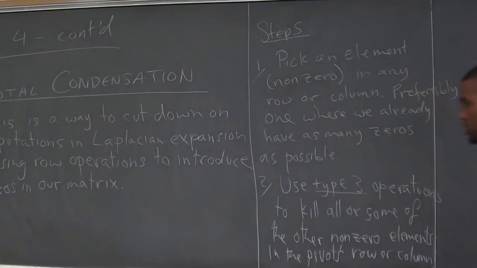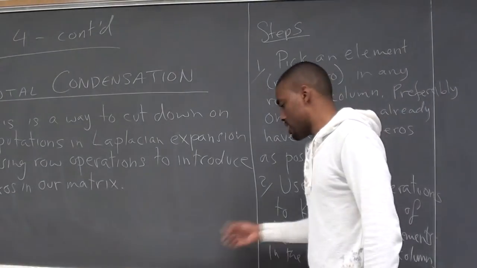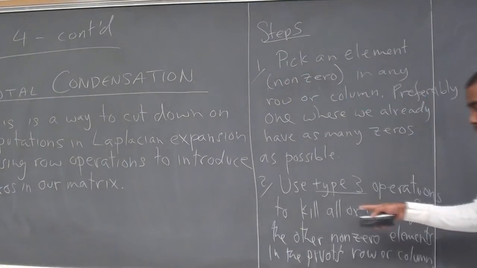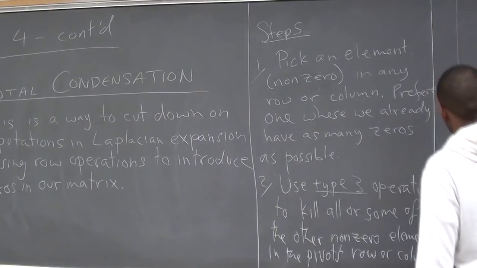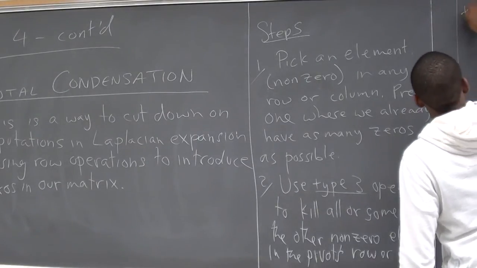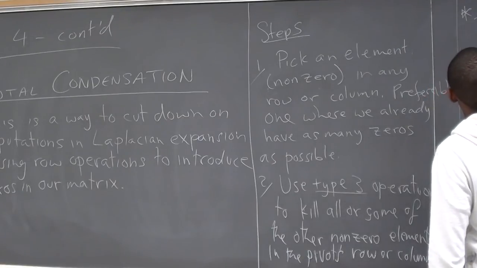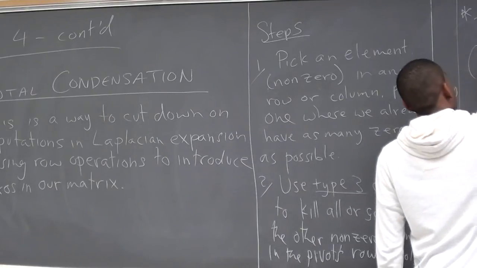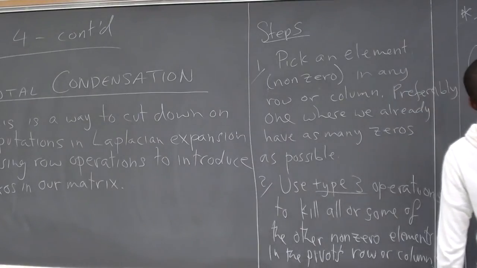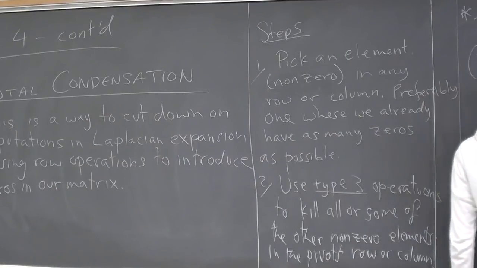Right, so step 2 is sort of like a recommendation. Technically you can use any other row operation, but doing row operations can change the value of the determinant, and I'm going to tell you precisely how. Type 3 operations, just as an aside, are the ones that preserve the determinant as defined.